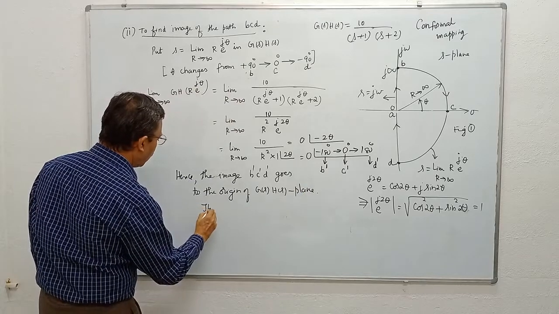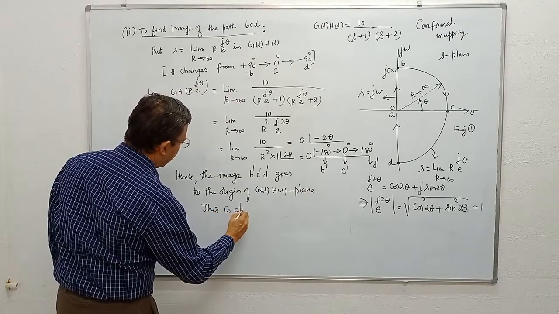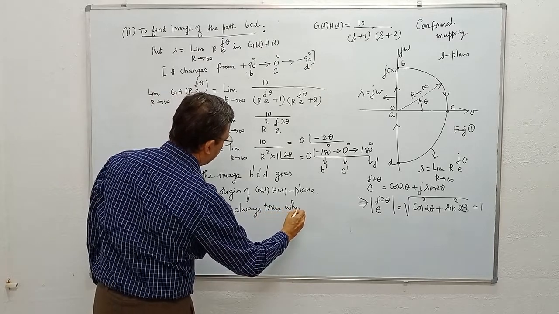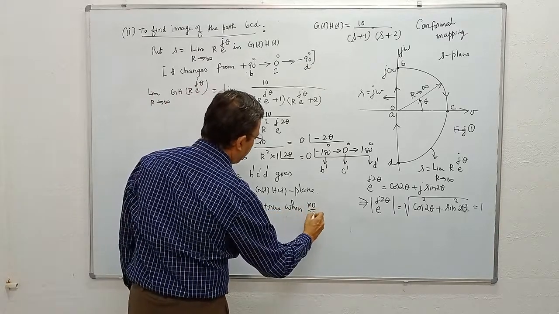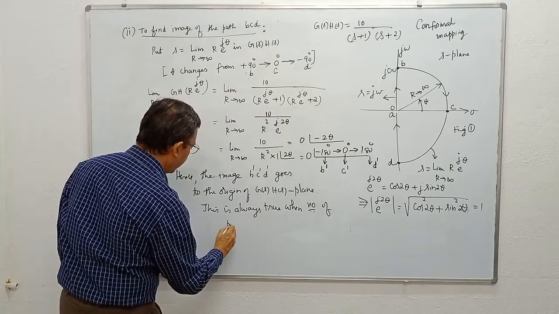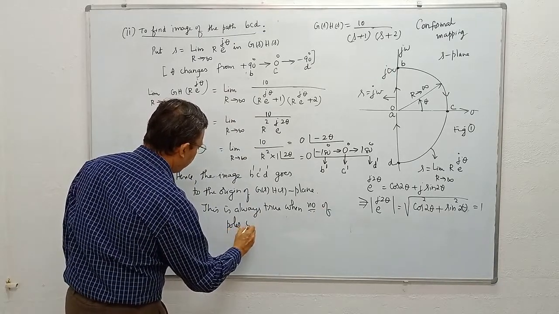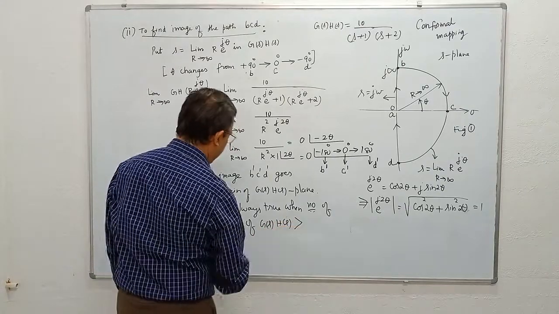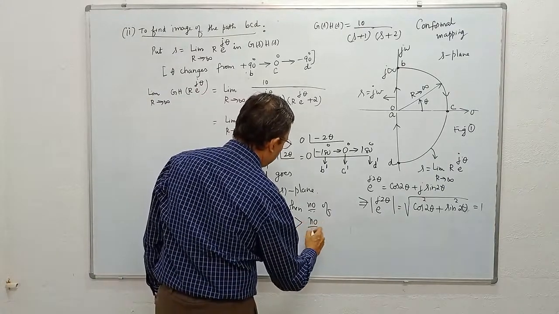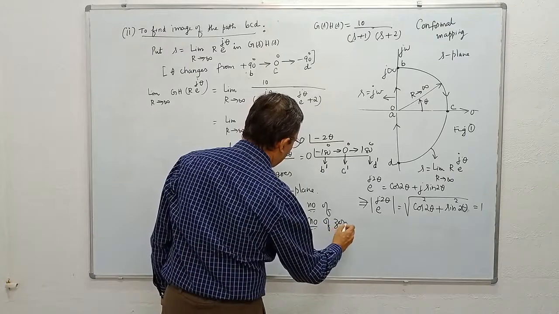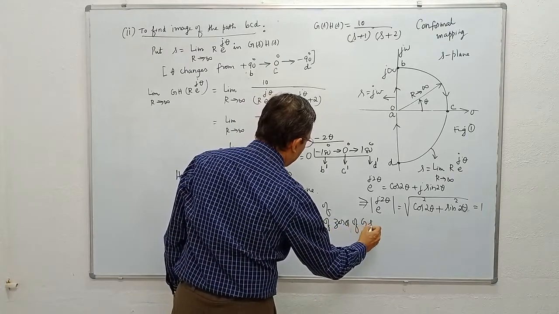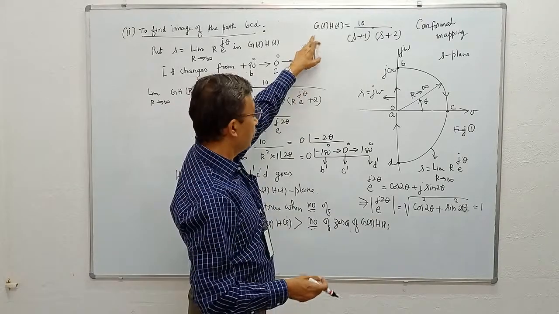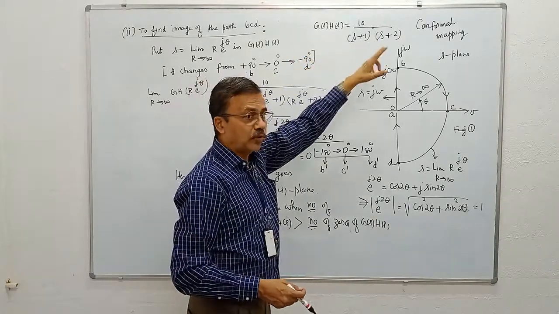This is always true when the number of poles of G of S, H of S is greater than the number of zeros of G of S, H of S. In the present problem, there are no zeros and there are two poles.